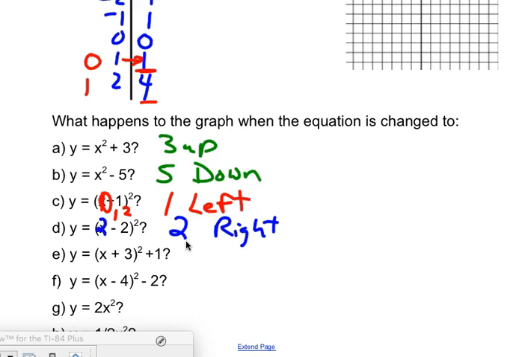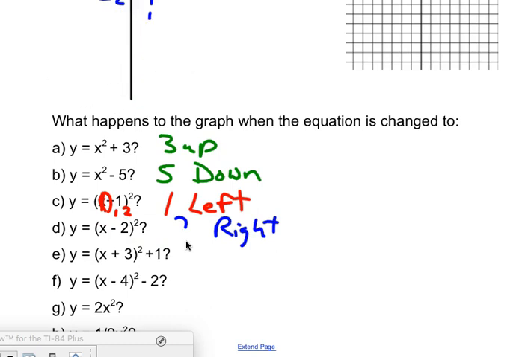If you plug in x is 2, you're going to get 0 squared, which is 0. So down here, you plug in 2 to get 0, and up here, you plug in 0 to get 0. Okay? So 2 is 2 to the right of what I had up there.